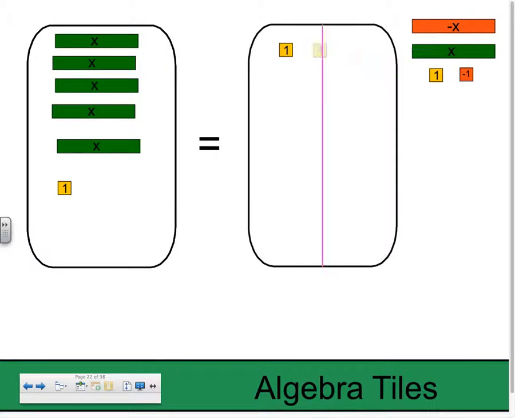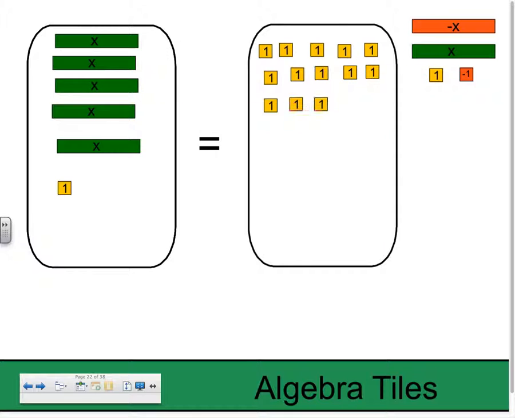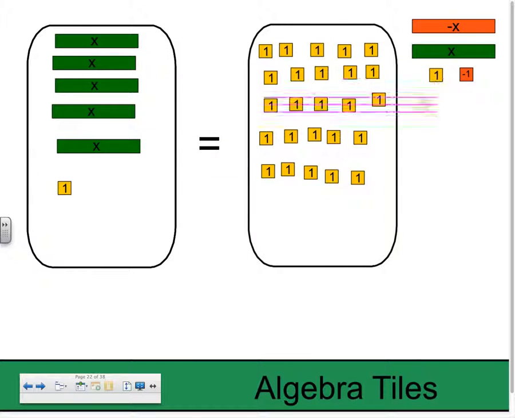So let's start. 1, 2, 3, 4, 5, 6, 7, 8, 9, 10, 11, 12, 13, 14, 15, 16, 17, 18, 19, 20, 25, 26. I think that's right. That's a lot. Okay, not a good example for algebra tiles, but it still works.